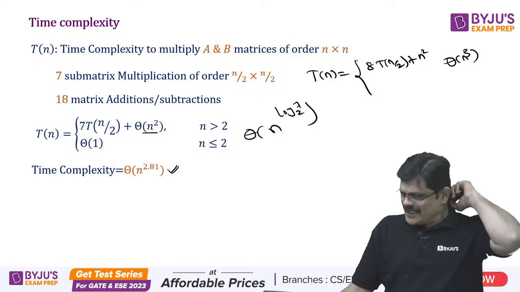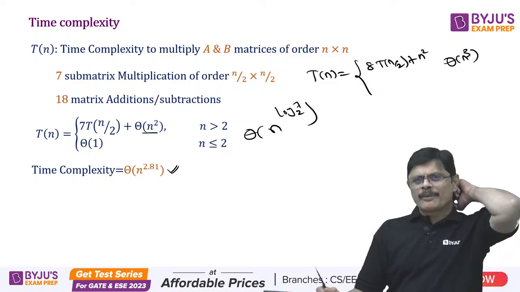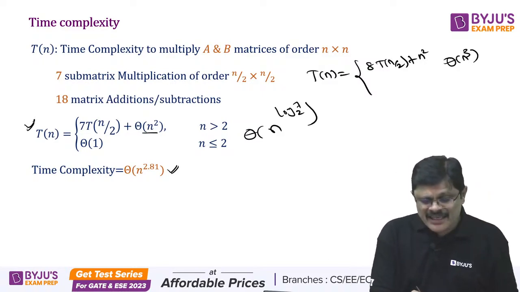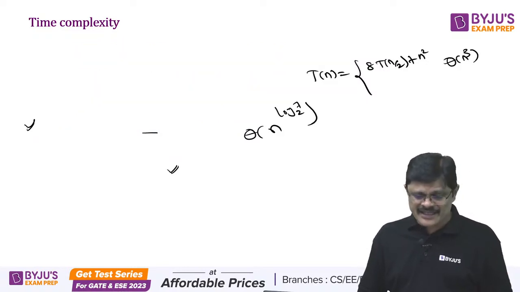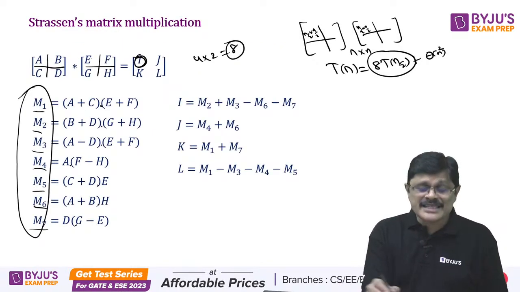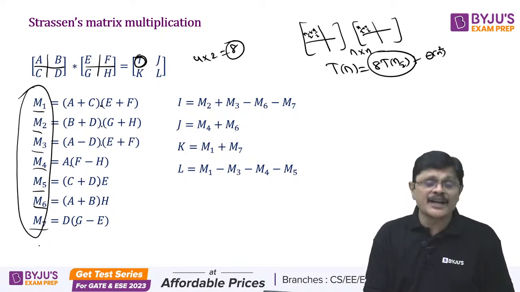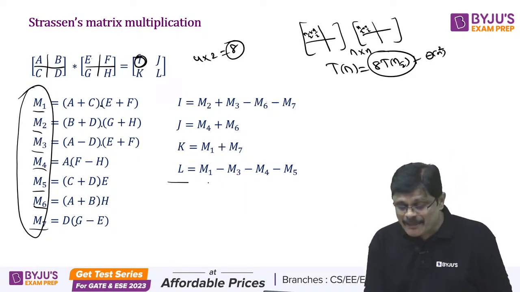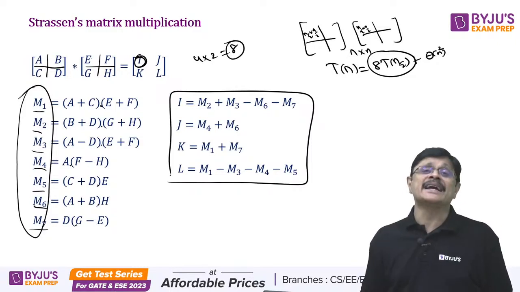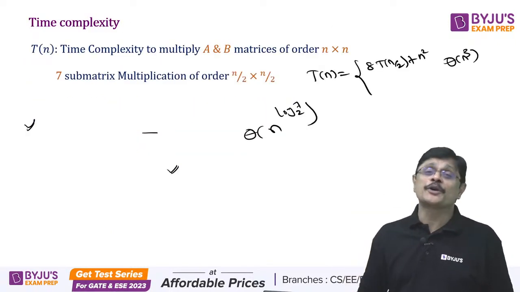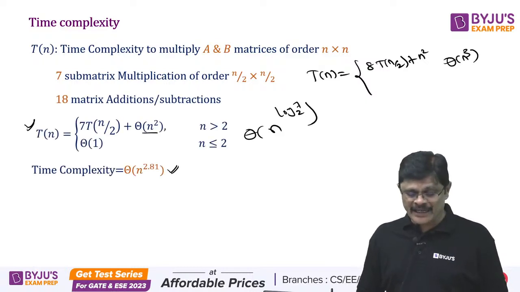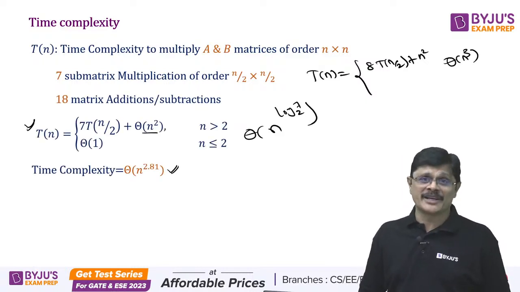What we need to understand is, of course, time complexity you can remember, and the recurrence relation is very, very important. What Strassen did is, instead of doing these 8 multiplications, he created new matrices. With 7 multiplications only, he could create this I, J, K, L. So he could reduce the complexity from n power 3 to n power 2.81. He got better complexity, my dear friends.